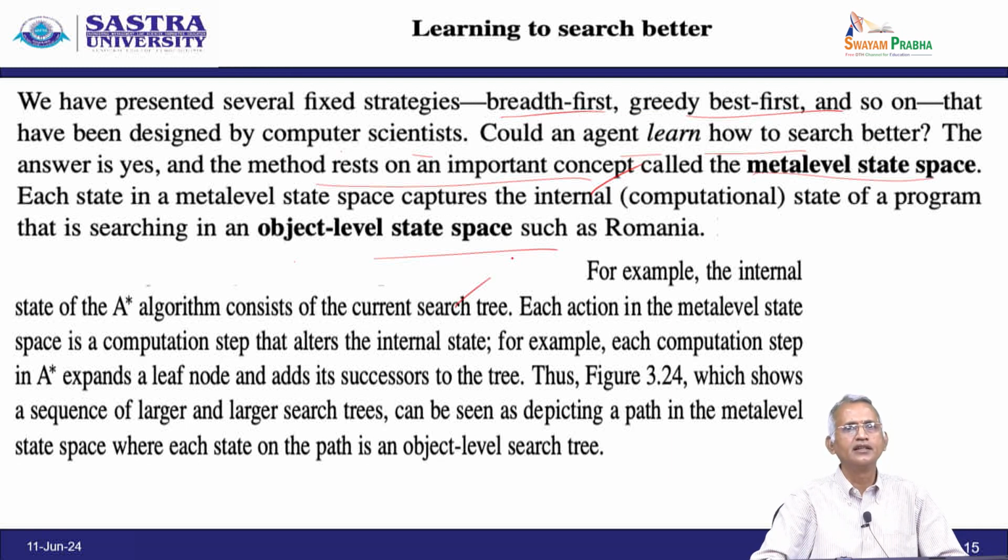Each action in the metalevel state space is a computation step that alters the internal state. For example, each computation step in A* expands a leaf node and adds its successors to the tree. Thus, figure 24, which shows a sequence of larger and larger search trees, can be seen as depicting a path in the metalevel state space, where each state on the path is an object-level search tree.